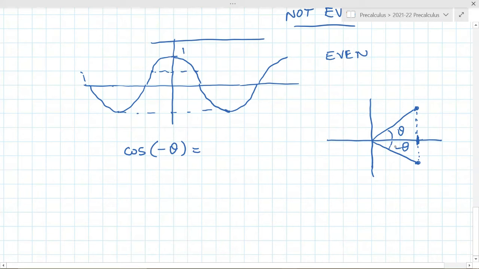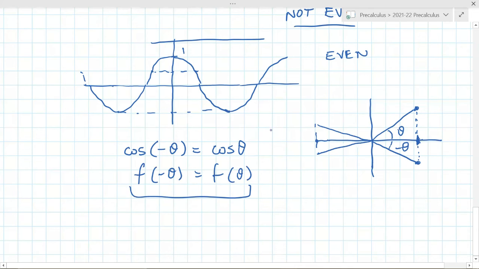So whatever is theta, negative theta will be its reflection below, but they will both have the same x coordinate, right? Even if it was here, then this will be the negative, right? And they will have the same x coordinate. So cosine negative theta is equal to cosine theta. So if this is f of negative theta, this is f of theta.